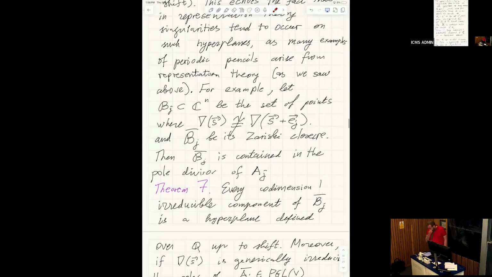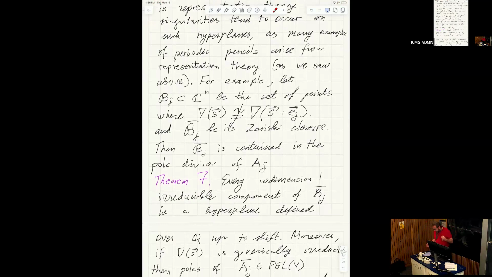So what do I mean by singularities? For example, I can consider for every j the set Bj in C^n, which is the set of points where nabla of s is not isomorphic to nabla of s minus plus a_j. And let's consider its Zariski closure. So the Zariski closure actually is going to be some sort of algebraic variety, which is contained in the pole divisor of this A_j.